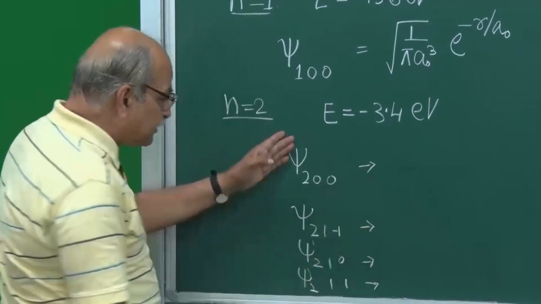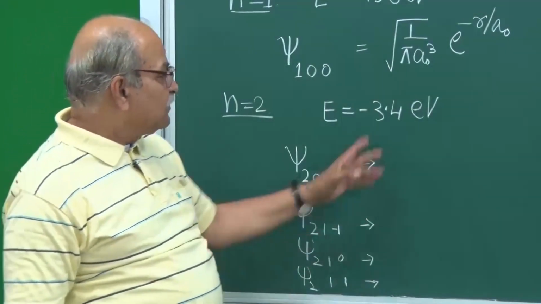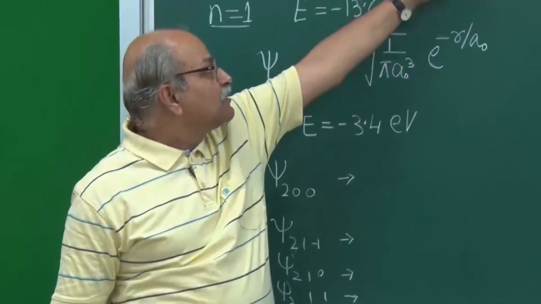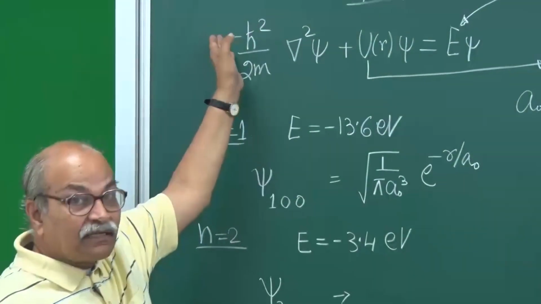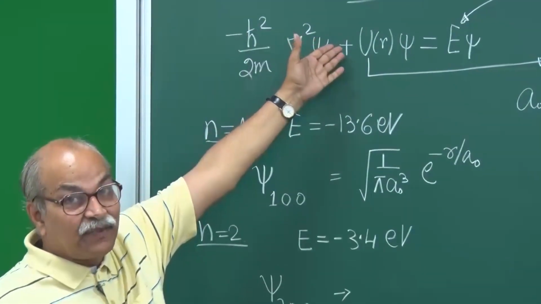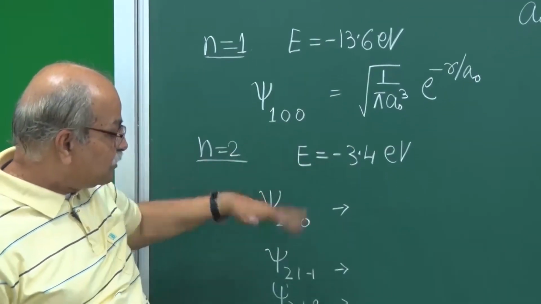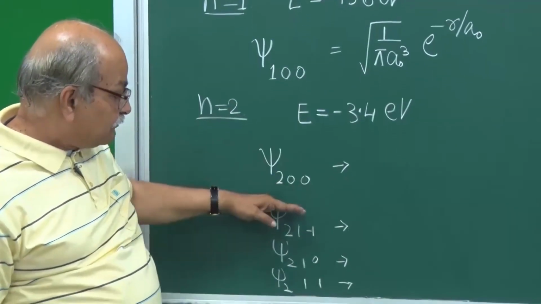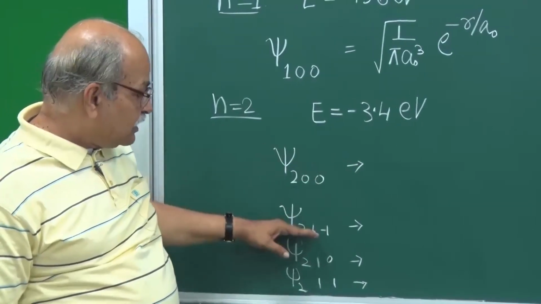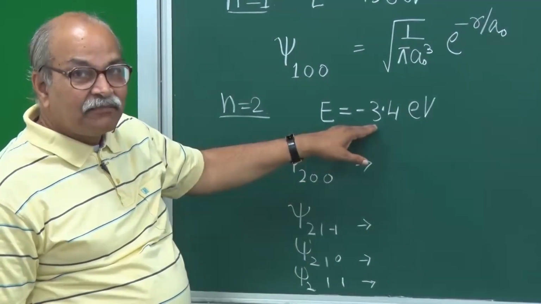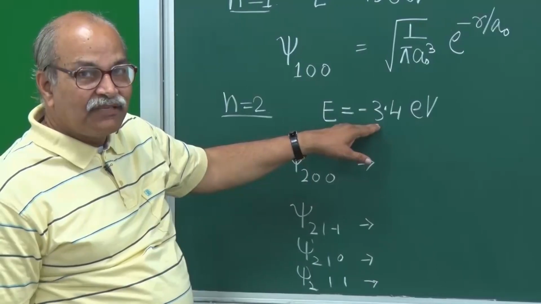So you have 4 different functional forms, with the same energy minus 3.4 eV, and they are solutions of this equation. So we have 4 allowed functional forms, independent of each other, all corresponding to the same energy minus 3.4 eV.